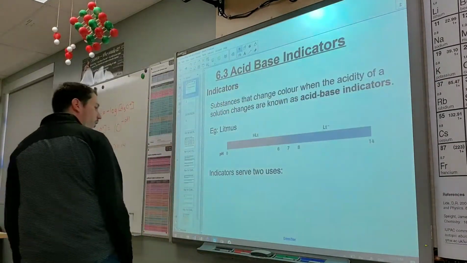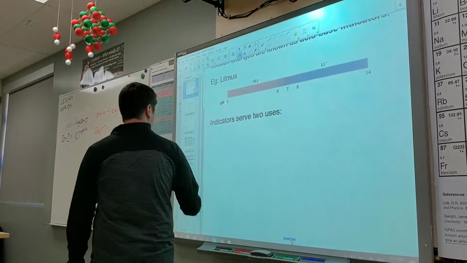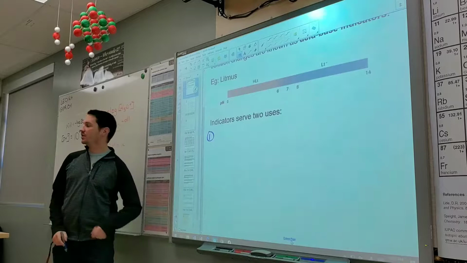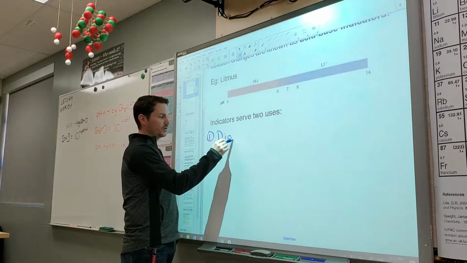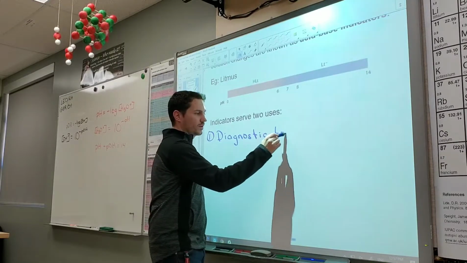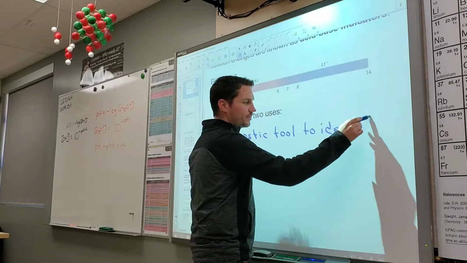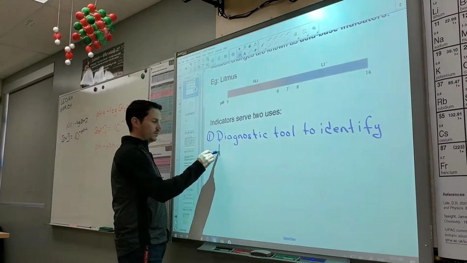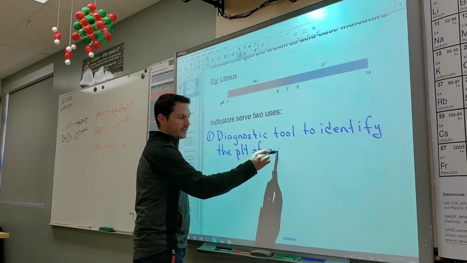Okay? So indicators serve two purposes. The first purpose they serve is they are a diagnostic tool to identify the pH of a substance.